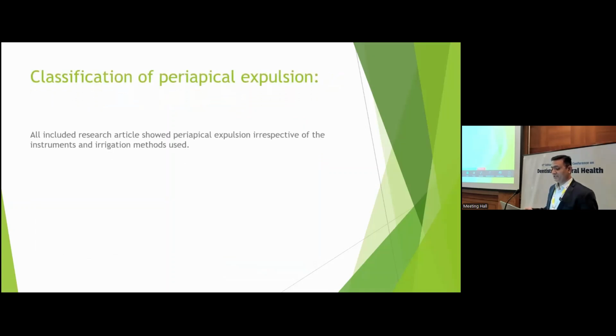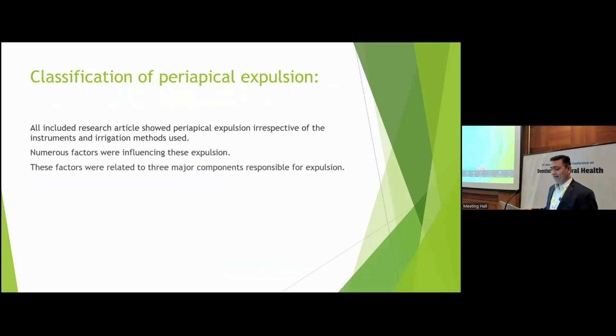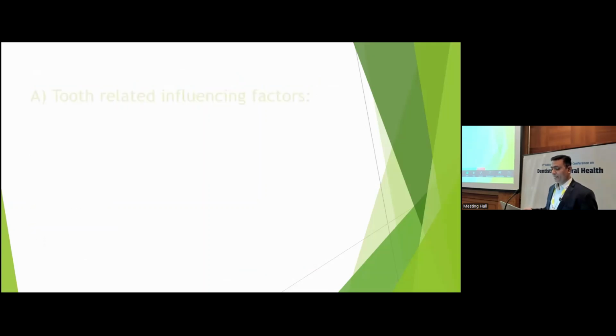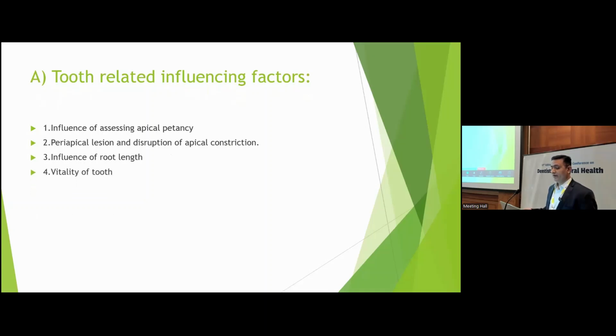Classification of apical extrusion according to the precipitating factors: they are classified as related to tooth, instrument, as well as irrigation. Tooth-related influencing factors are apical patency, disruption of the apical constriction, influence of root length, vitality of the tooth, root curvature, and cervical pre-flaring.